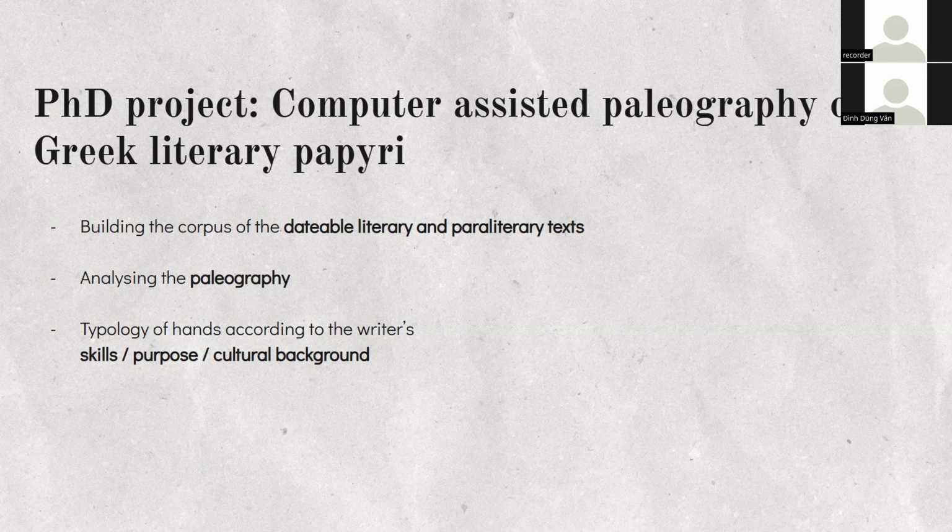So my project in an overview would be to build a corpus of the datable literary papyri. I would like to have ideally all datable literary papyri, but papyri which carry literature are generally non-dated.